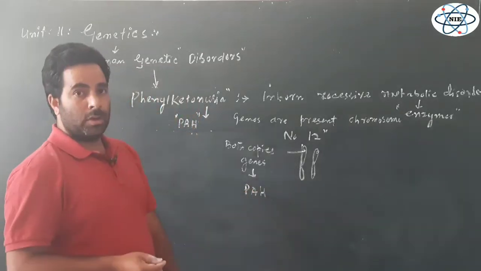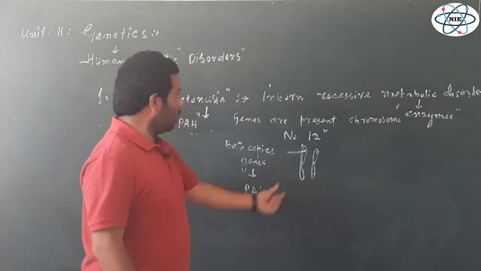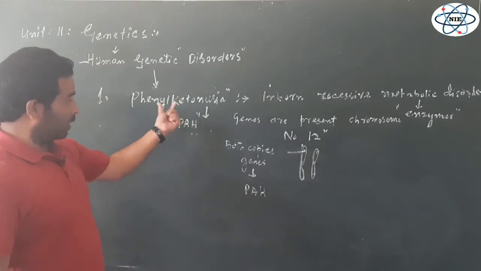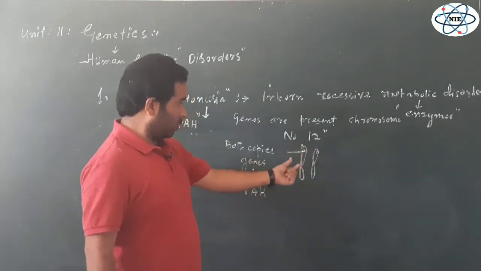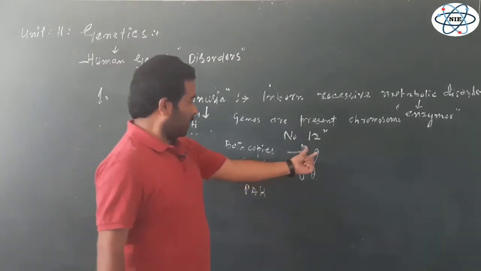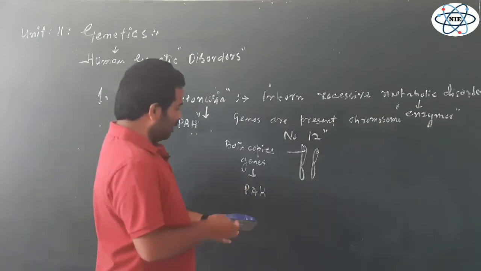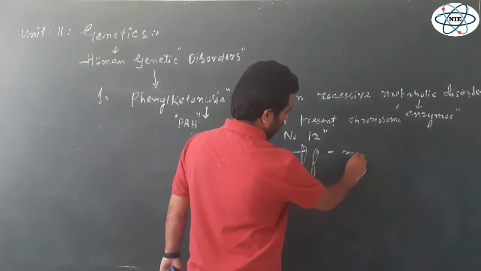So you have to understand the concept that an individual who has this disorder, phenylketonuria, has on chromosome number 12 both copies of the genes, both alleles, either absent, missing, or mutated.